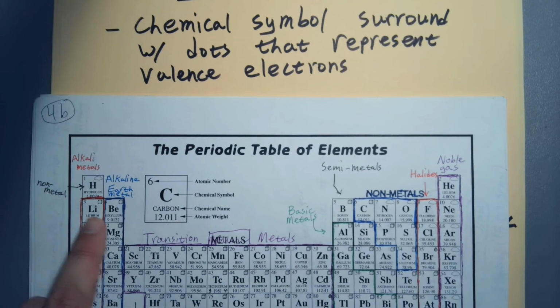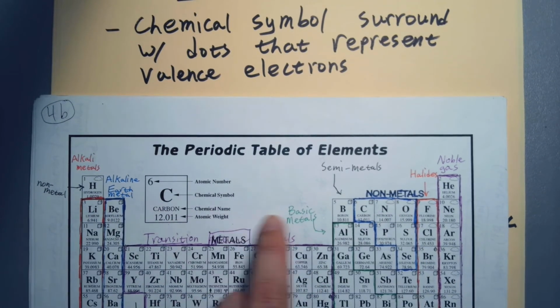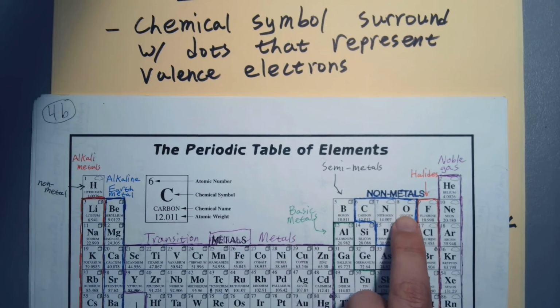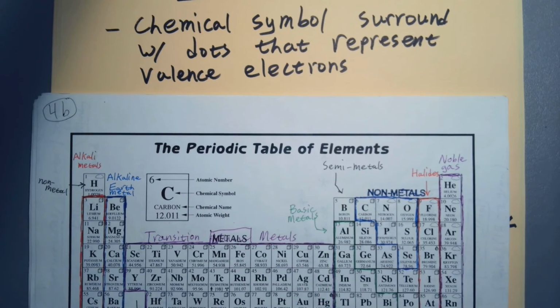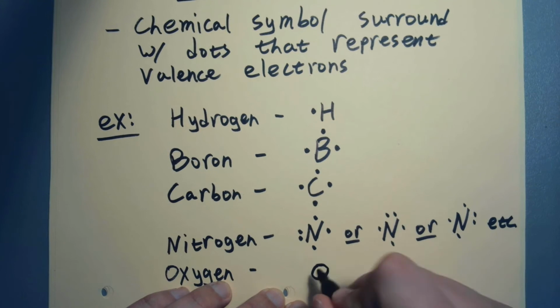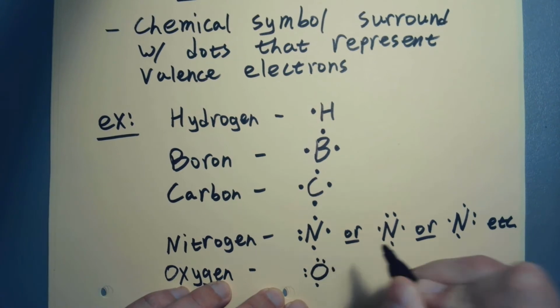So again, as we're going across, we're filling. And this row is going to fill with 8. We're not all the way to the end. There's still 2 more that we would need to fill it, so it's only got 6. Alright? And so we go chemical symbol, 1, 2, 3, 4, 5, 6.